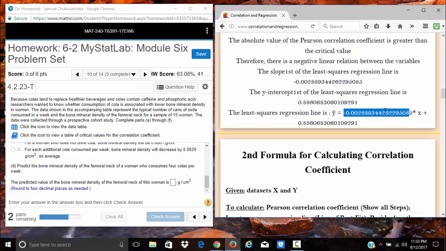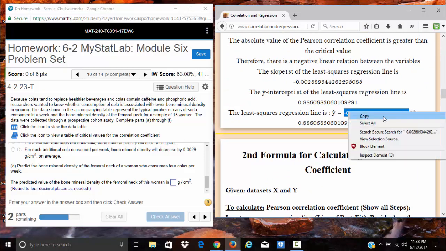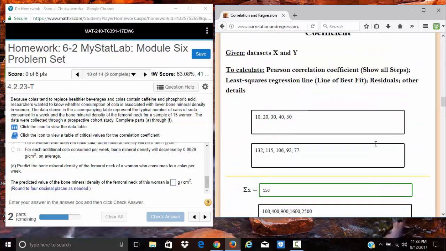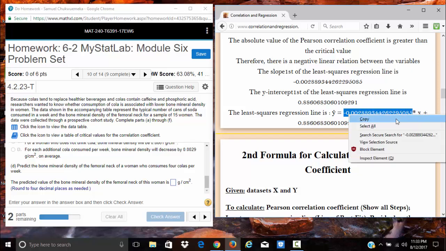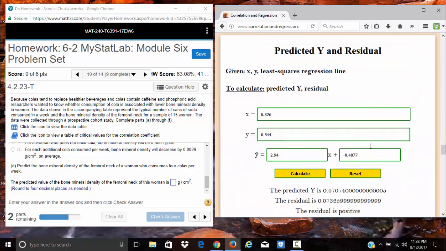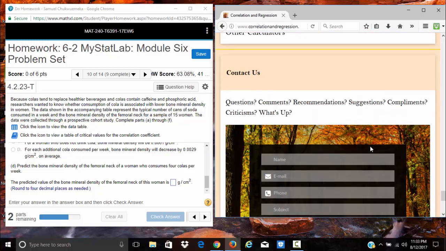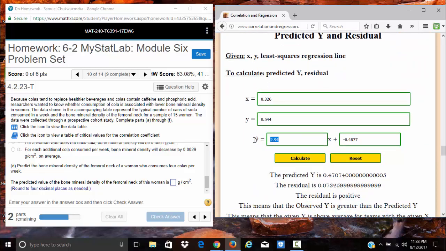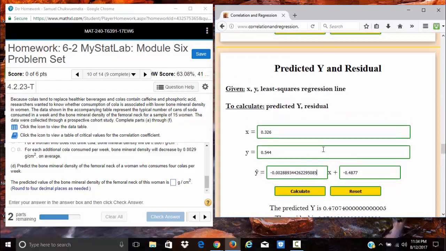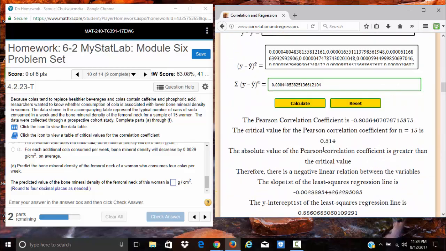So I'm going to copy this whole thing here, and I come here, predicted y, and I paste this here, Control V, or right click and paste. That's the slope, and then the y-intercept.